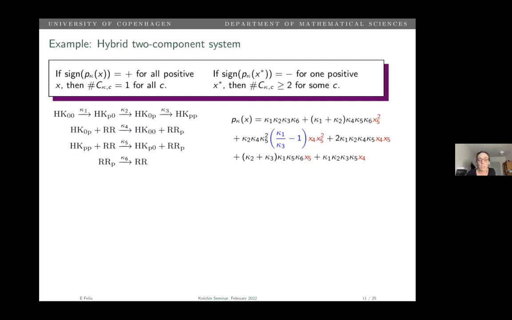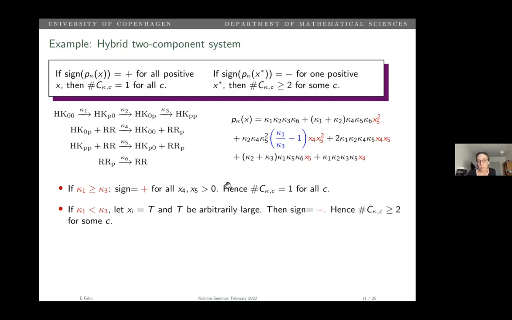So if the coefficient here is positive or 0, then this is a polynomial with positive coefficients, so it is positive for any positive values of the x's. Then we are in the first case, so the number of steady states is always 1.